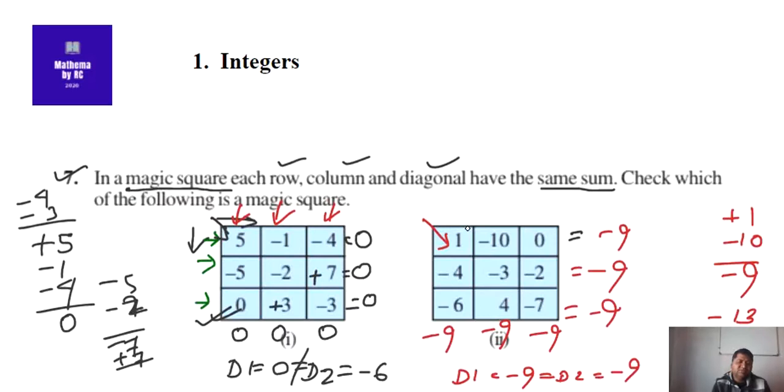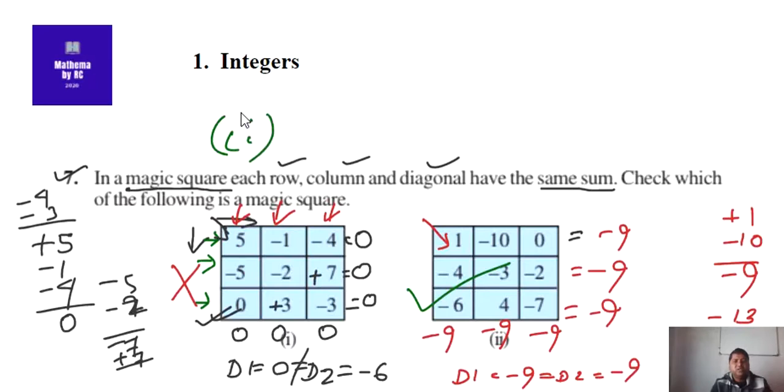So in row basis and column basis, all are minus 9. But in example 1, diagonal 2 is not equal to 0. So 1 is not a magic square, but example 2 is a magic square.